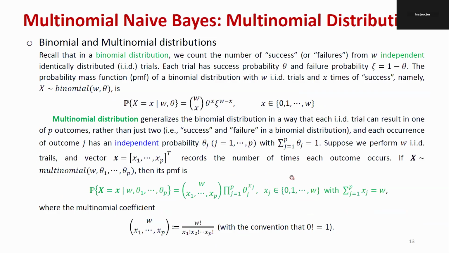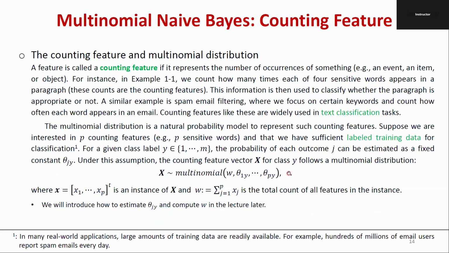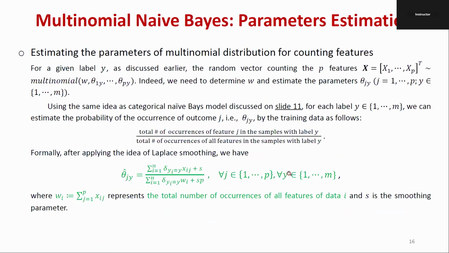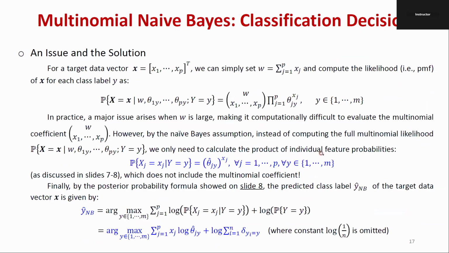Now go back to multinomial naive Bayes. In multinomial naive Bayes, for a given label y, all features are mutually independent. That means I can ignore all these, and I will directly have xj given y equal to y.